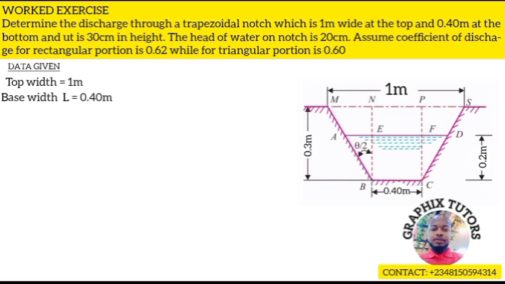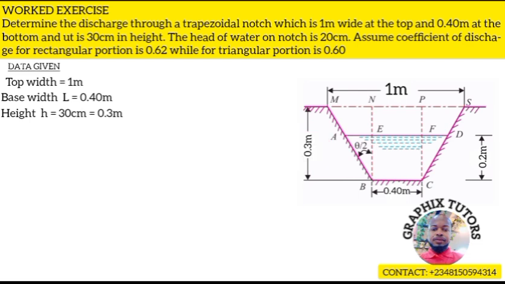Now, we move further. It says it is 30 centimeter in height. The height of the trapezium notch is given to be 30 centimeter. If you convert 30 centimeter to meter, it will be 30 over 100, and that will be 0.3 meter. So the height, that is from B to N and from C to P, equals 0.3 meter.